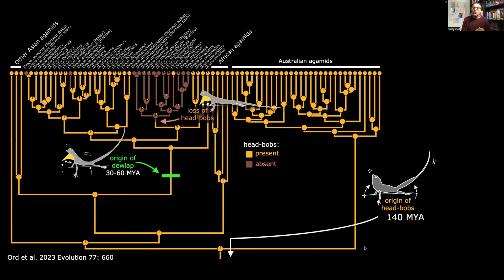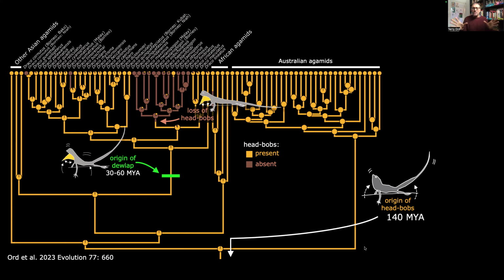In Draco, of course, we've had the independent evolution of the dewlap at about 30 to 60 million years ago, roughly about the same time that that dewlap evolved in the Caribbean Anolis. But subsequently, a small subset of Draco species in Southeast Asia have now lost that head bob entirely and superseded that dewlap as the only means of territorial communication.